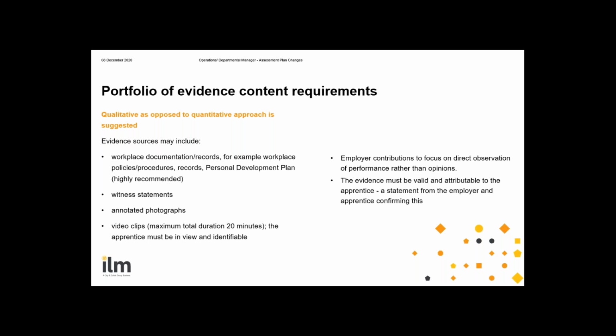So we said holistic evidence, where one piece of evidence can cover multiple criteria. So a qualitative approach, rather than a quantitative approach, where the evidence selected represents their best piece of evidence against the knowledge, skills and behaviors and grading descriptors mapped to the assessment method.